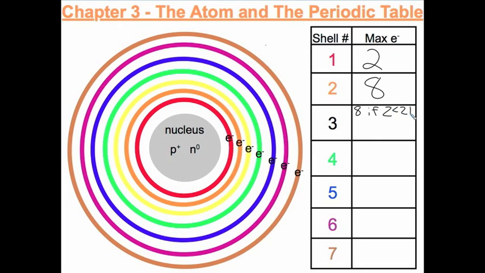The third shell can hold 18 electrons if the atomic number is greater than or equal to 21. Can hold up to 18. The fourth shell can hold 32. The fifth shell, 32. The sixth shell, 18. And the seventh shell, 8.